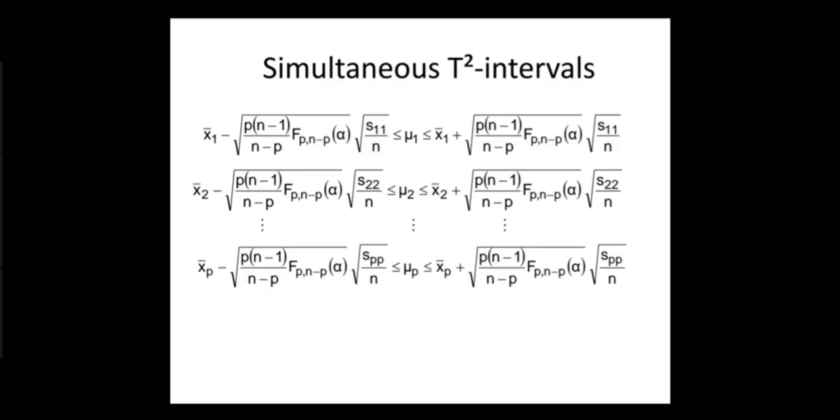Okay, so this is the formula. Because we have several x, we also have several x bar, or several mu, that we need to see whether that mu is the plausible value for the mean of the multivariate population. Because of that, it is called the simultaneous T-square interval.